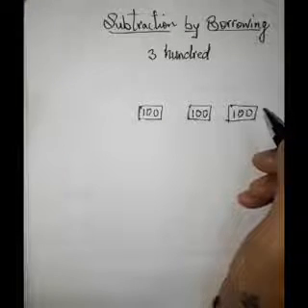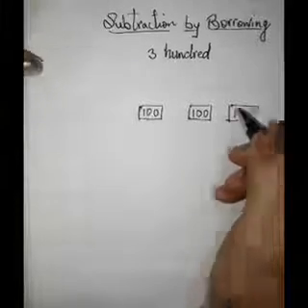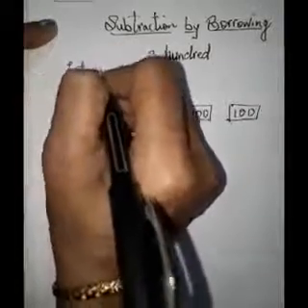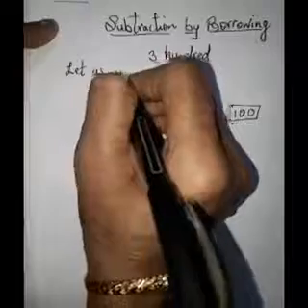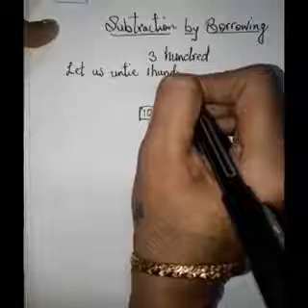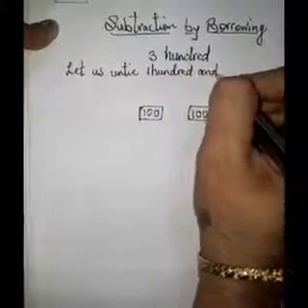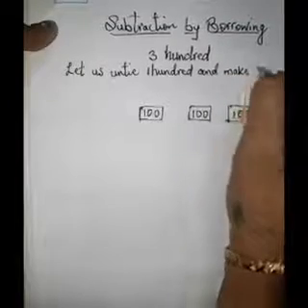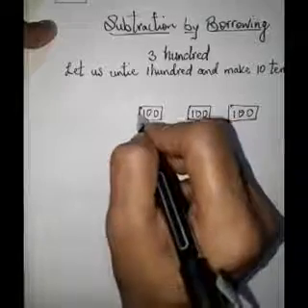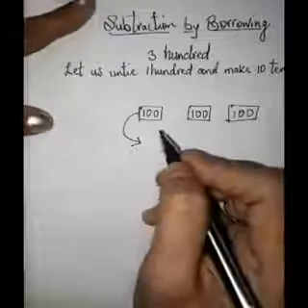So when I convert 100 into tens, that will make 10 tens. Okay. So let us untie 100 and make 10 tens. Now this I'll convert it into 10 tens. Okay.